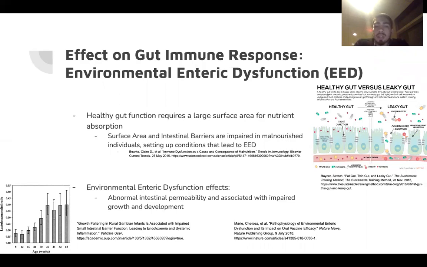So certain substances are getting through that should not be getting through, or certain substances are getting through in excess or deficiency that should not be. And here we can see a chart that shows how the malnutrition ratio is affecting Gambian infants, associated with small intestinal barrier function.